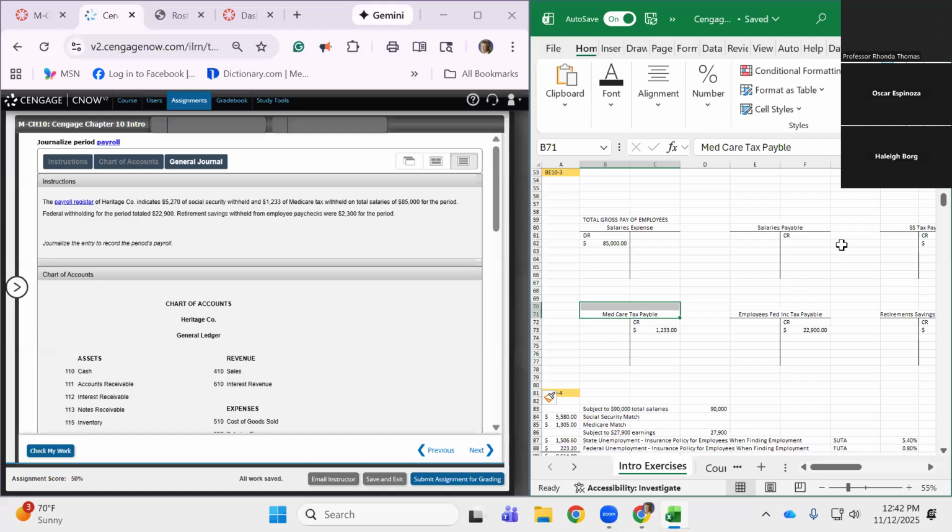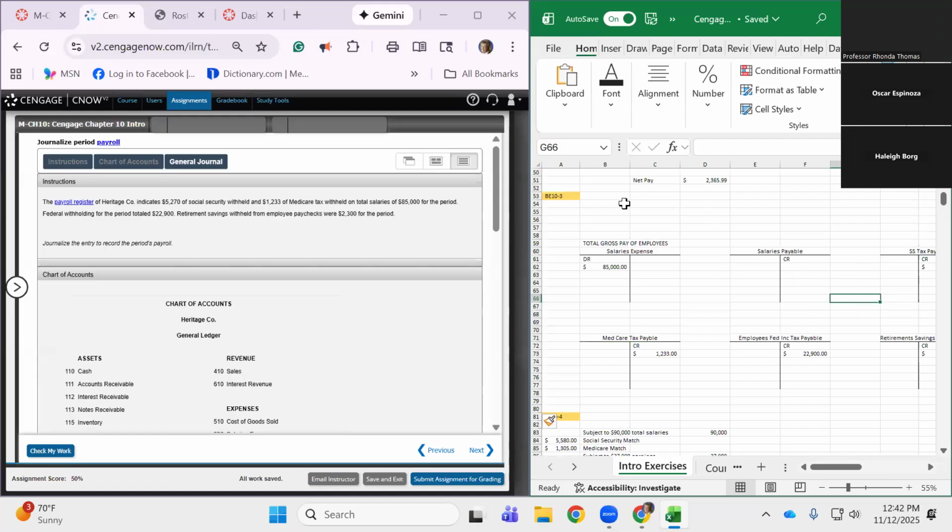So here's what we need. We need to add up all of these amounts. We've got a credit. Here's this debit, right? The debit is the salary expense. So the amount of the payable is going to be this debit minus all these credits.